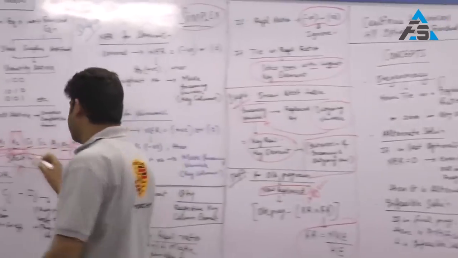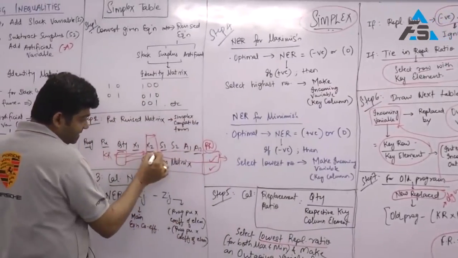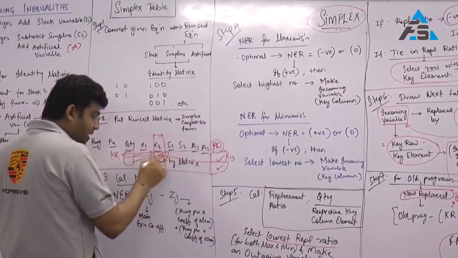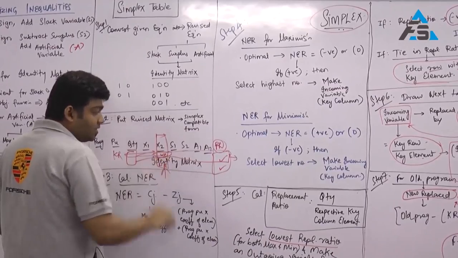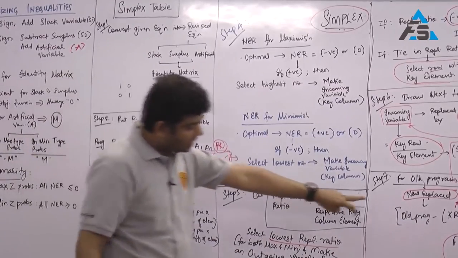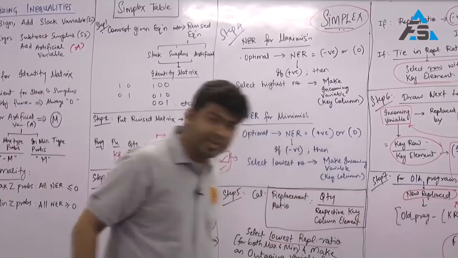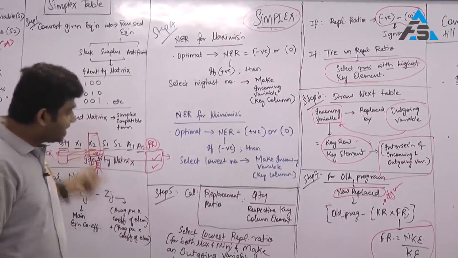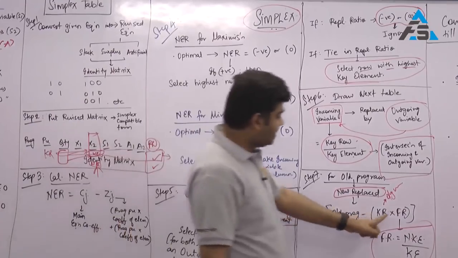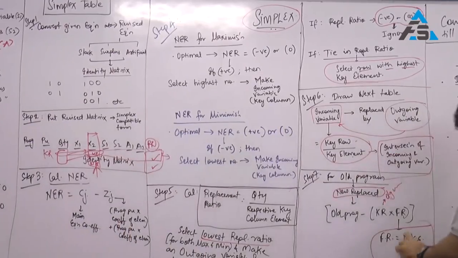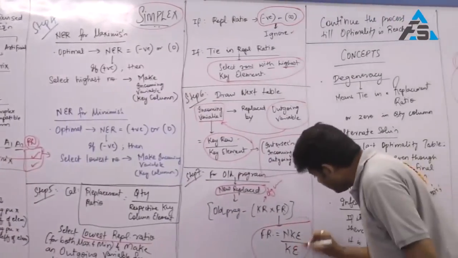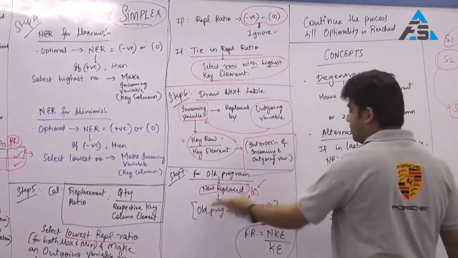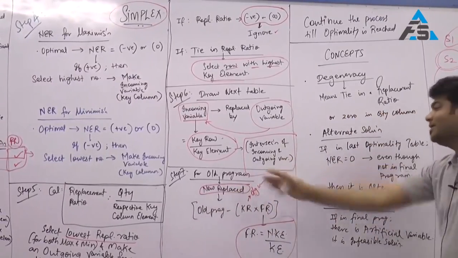Your intersection is there. So this intersection is your key element, the other number is your non-key element. So for old program, minus key row into fixed ratio, which is non-key element upon key element. Here I will get the old program in new numbers.